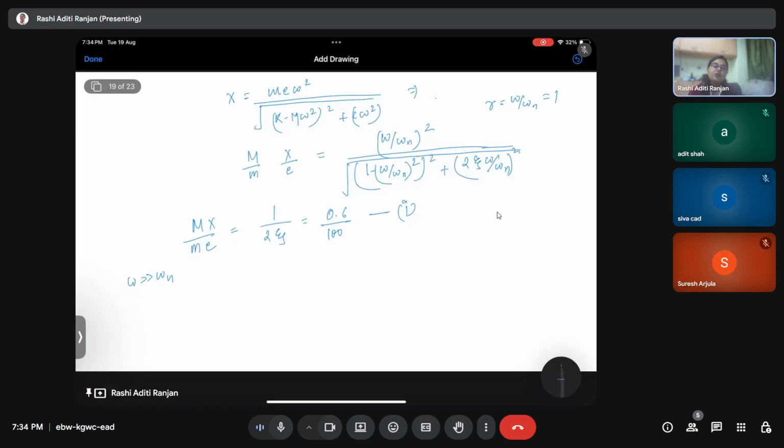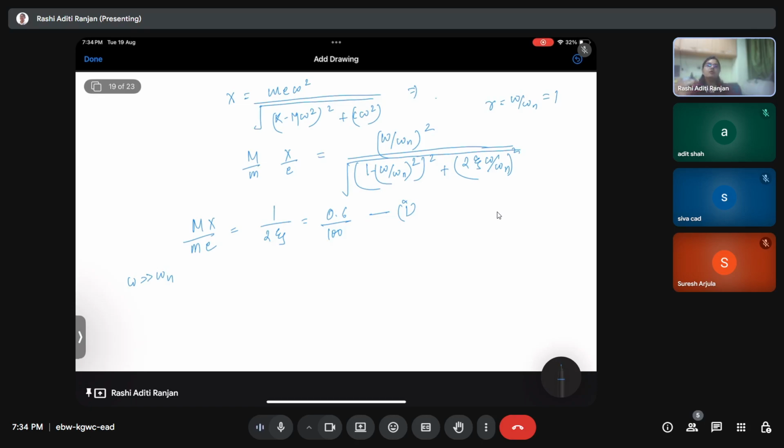But for 1 minus (omega by omega n) square, we have omega by omega n, which is a very large value, and then we have its square. And then we have 1 which is deducted from it, so it does not cause much change in the value. Like multiplying a very big number with a small value changes its effect, but subtracting 1 from a very big value is not going to cause any big change in the system.